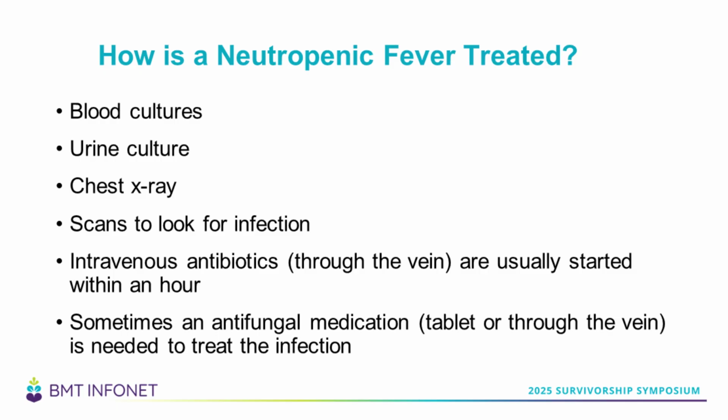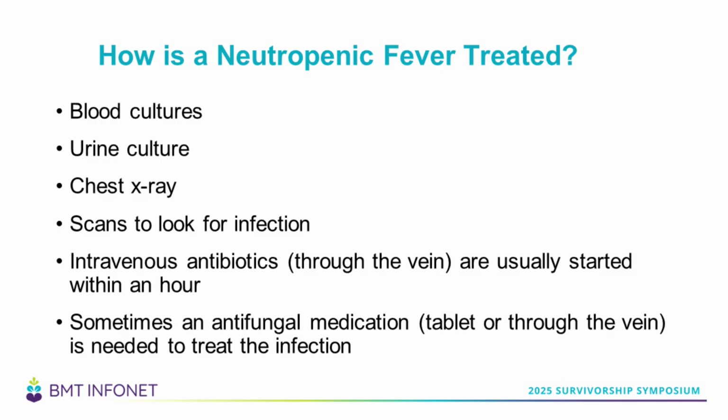How is a neutropenic fever treated? Generally, your medical team will have a protocol on how to manage a neutropenic fever. But in general, the following are often done as part of the evaluation for a source of infection causing the fever. And these tests include blood cultures, where your vein is pricked and blood is obtained to send to the lab for cultures, a urine culture, a chest x-ray.